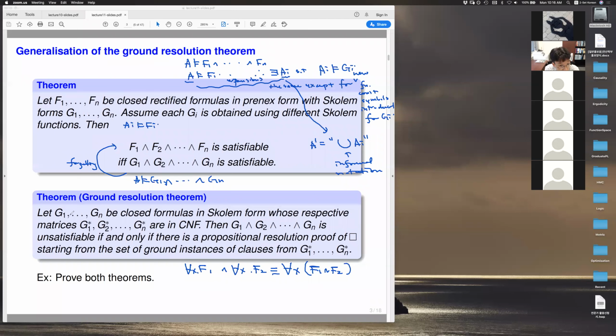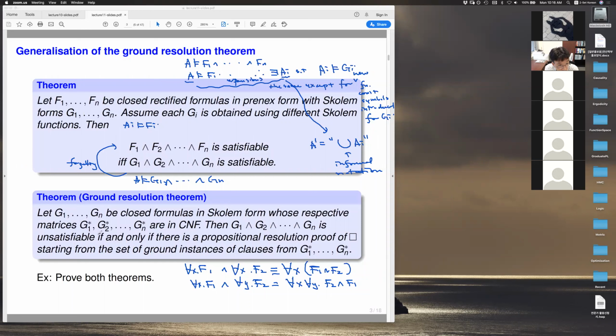So if we have G1 up to Gn, which are in Skolem form, then one thing we can do is use this logical equivalence. If x and y are different, and if F1 and F2 are closed, then we can do this: F2 and F1, so we can take this quantification out.